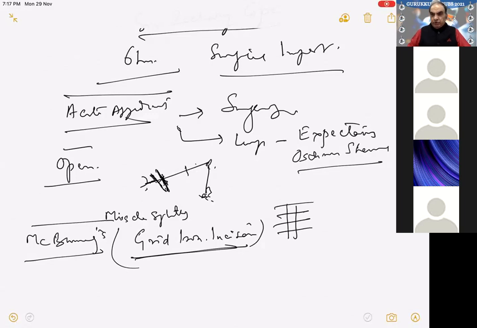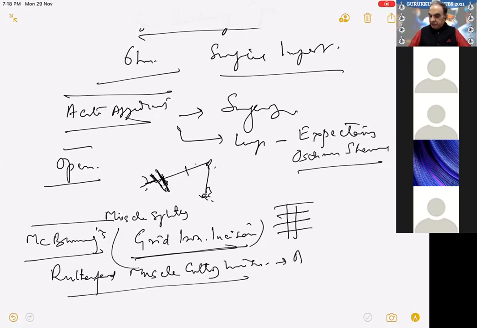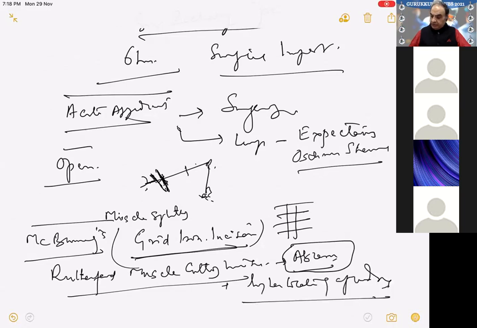But this being a trapdoor entrance, you may need to make it into a muscle cutting incision, which is called Rutherford Morison. The muscle cutting incision is done if you have to drain an abscess because you want it to drain freely, or if you have to extend it to go for an appendix which is higher up, or you have to do it for reaching for a subhepatic type of appendix.